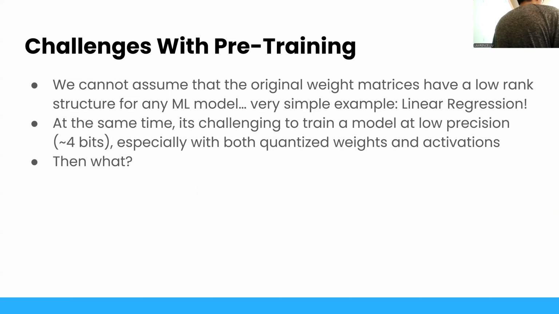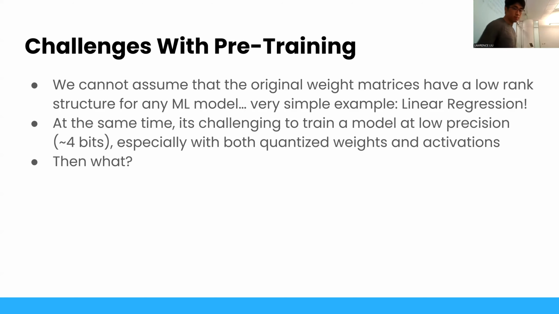And this is not necessarily going to have a low rank characteristic. At the same time, the other natural idea is, okay, what if we train it in low precision? The problem is in low precisions, you start getting exploding gradients and training becomes very unstable. This especially holds true when you quantize both the weights and the activations.